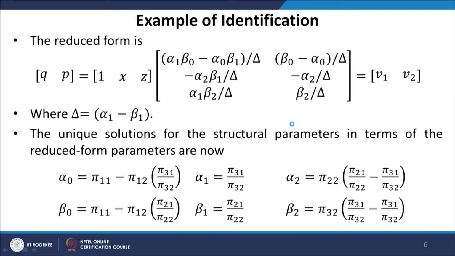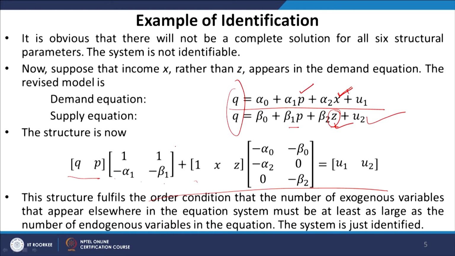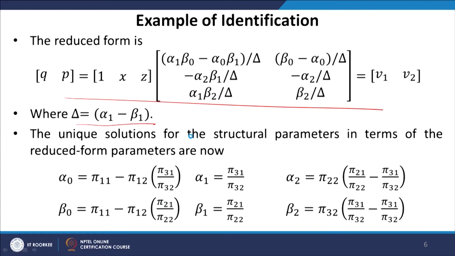The reduced form in matrix form, we write like this, where delta is alpha 1 minus beta 1, which is essentially the determinant of this matrix. And the unique solution for the structural parameters in terms of the reduced form parameters can now certainly be obtained.